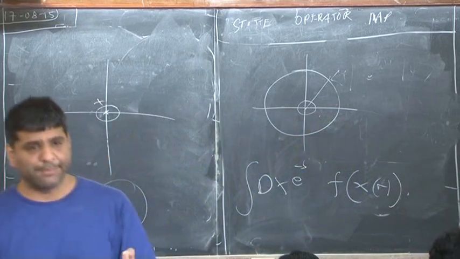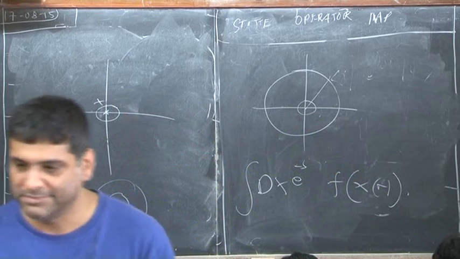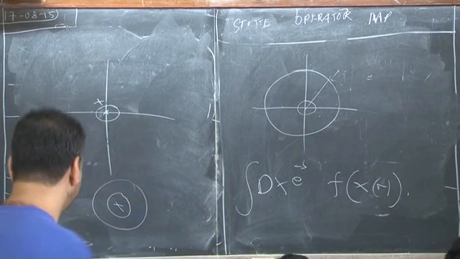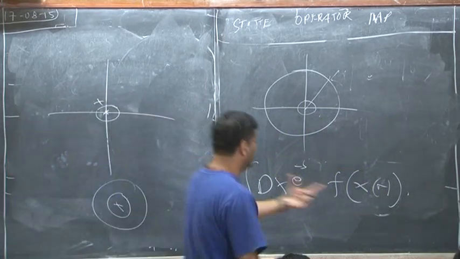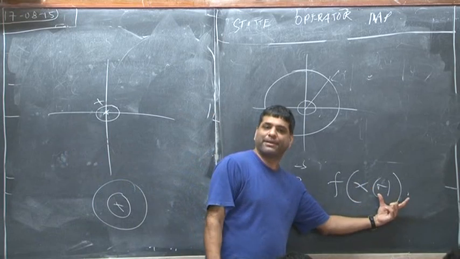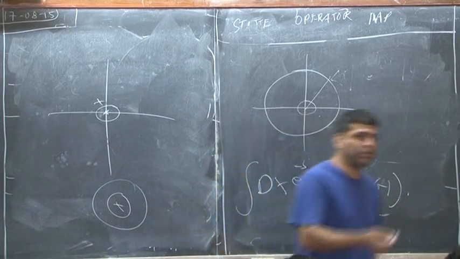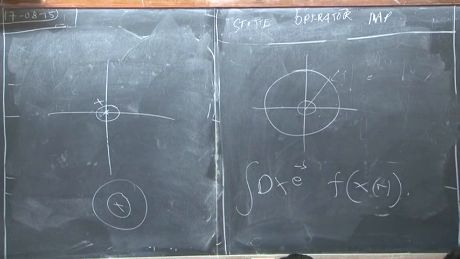It can only depend on x of sigma and points in its neighborhood, so you allow derivatives. Such an insertion is said to be an insertion of a local operator: just putting something in the path integral that is a function only of x of sigma and points in its neighborhood.